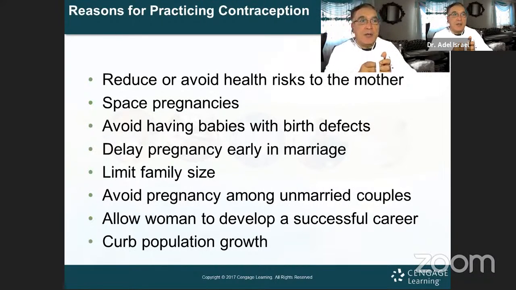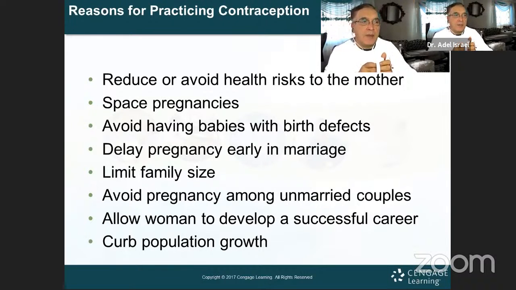Delay pregnancy early in marriage. Limit family size. Avoid pregnancy among unmarried couples. Allow women to develop a successful career. Like this lady is going to be the prime minister and she is very busy and there is no time to be pregnant and take care of her pregnancy, and it will be cosmetically not accepted, a lot of issues.